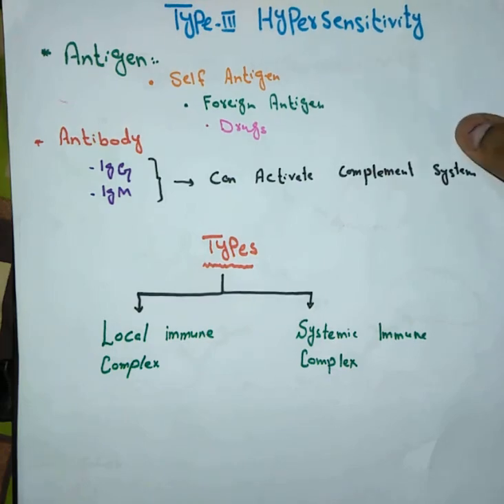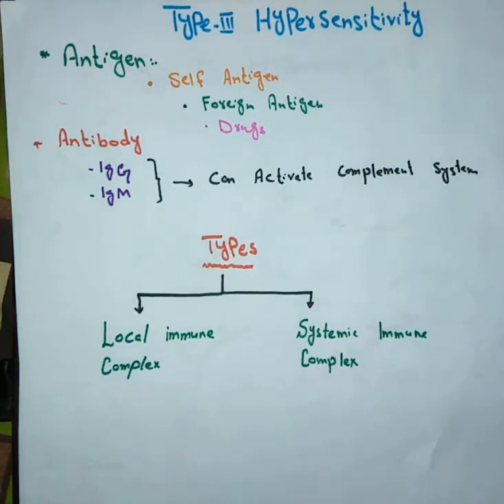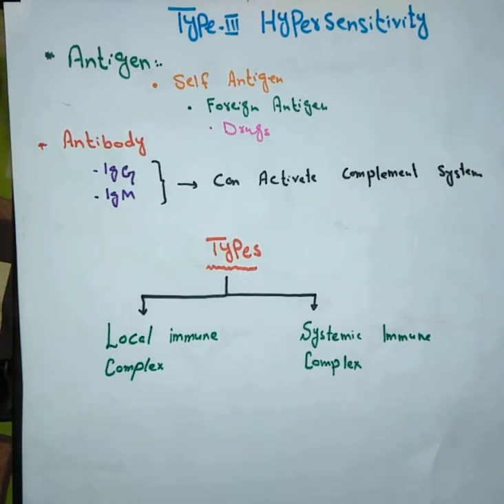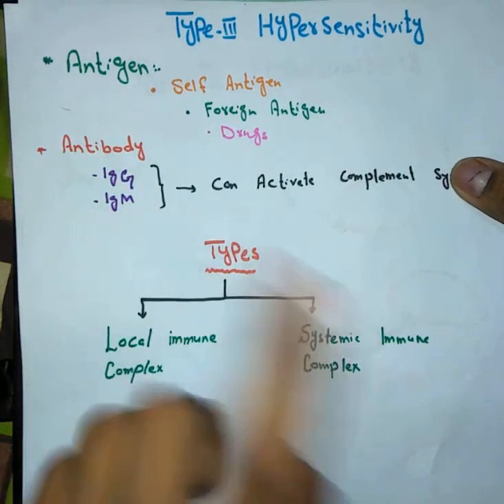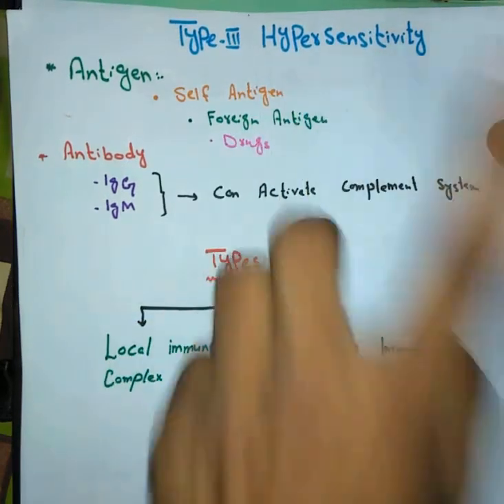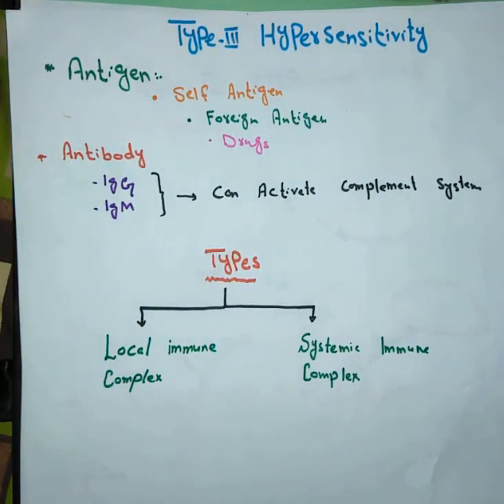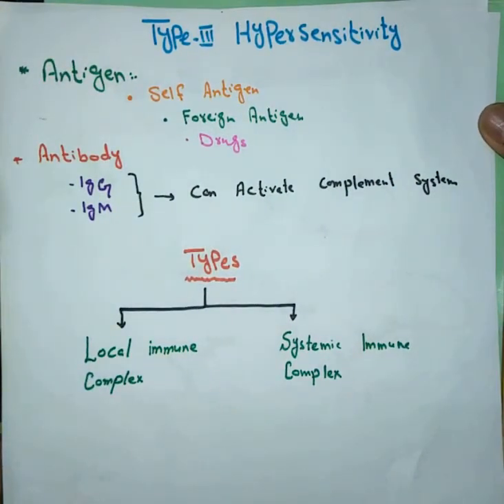I have told you that the antigens can be foreign, can be self, or can be some kind of drugs, and the antibodies will be either IgG or IgM. No other antibody can take part in type 3 hypersensitivity reaction, because these are the antibodies that can activate the complement system of proteins.